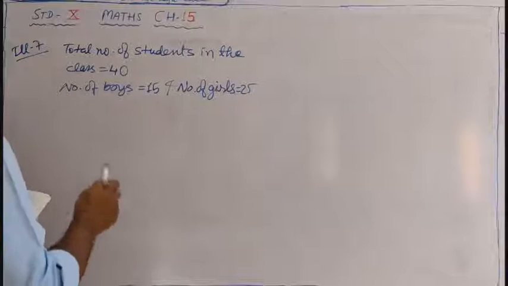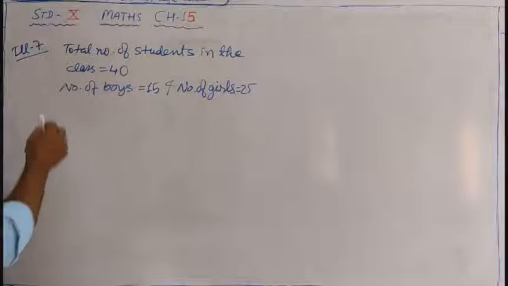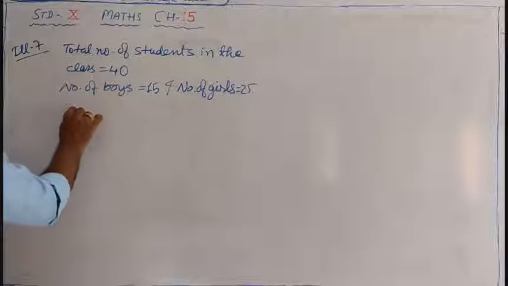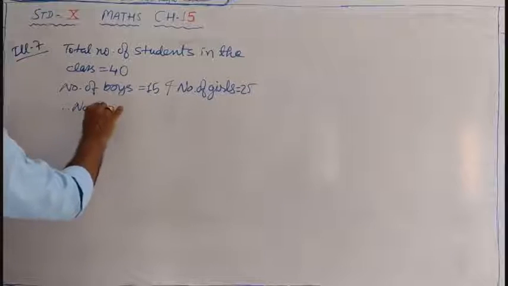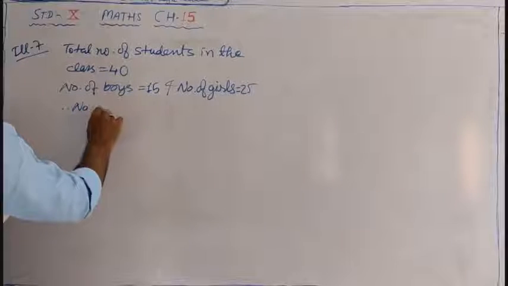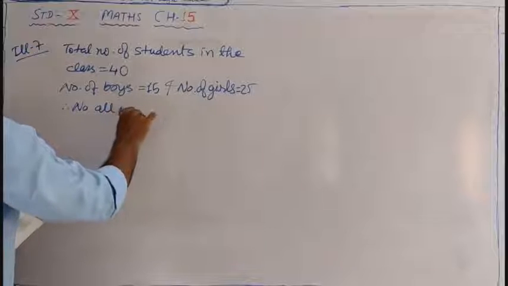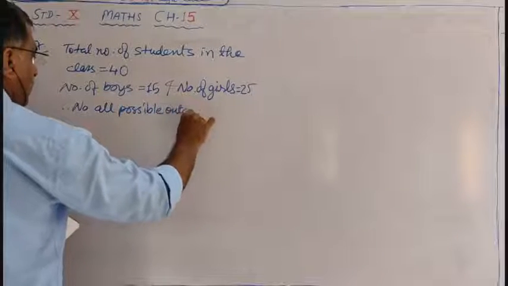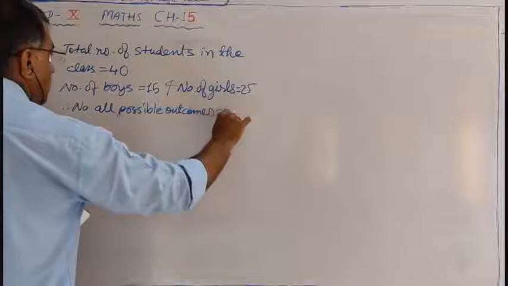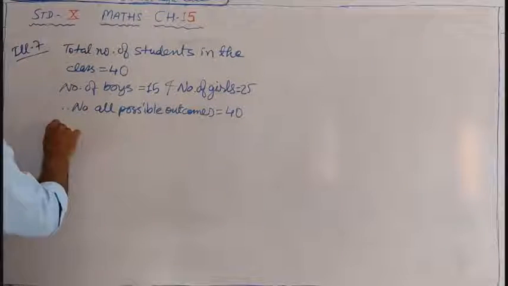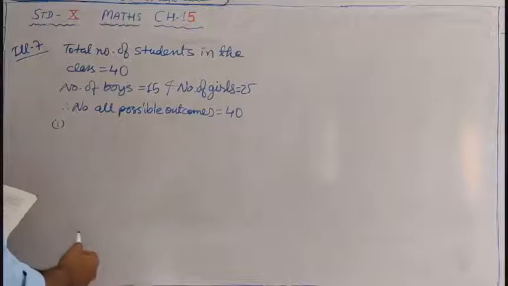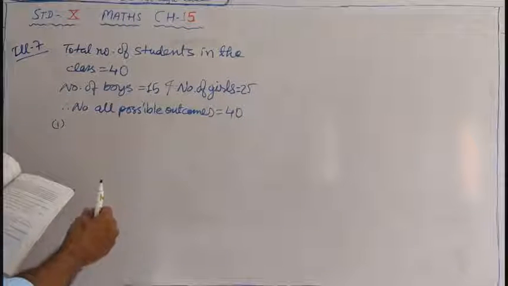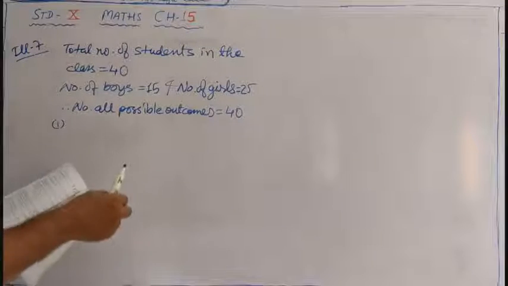Now the question is, only one card is chosen at a time. Therefore, number of all possible outcomes is equal to 40.